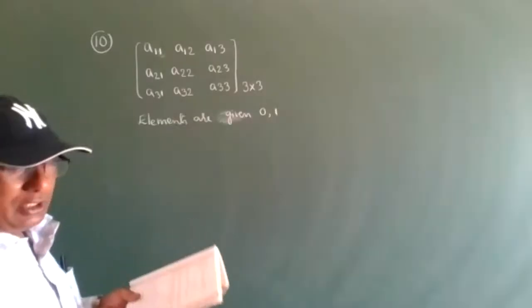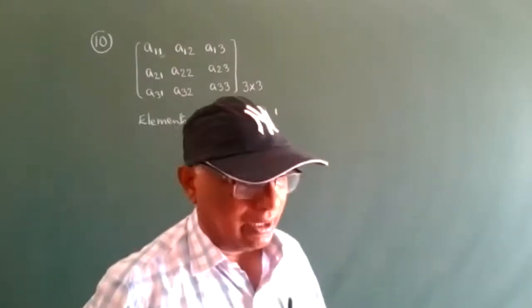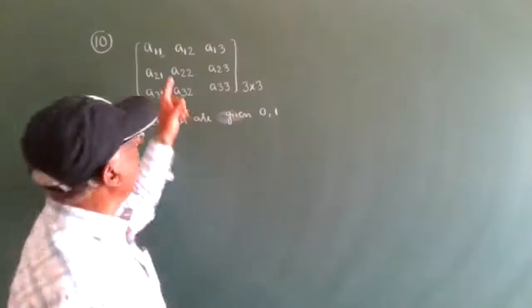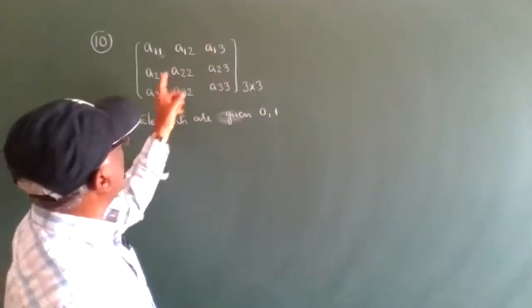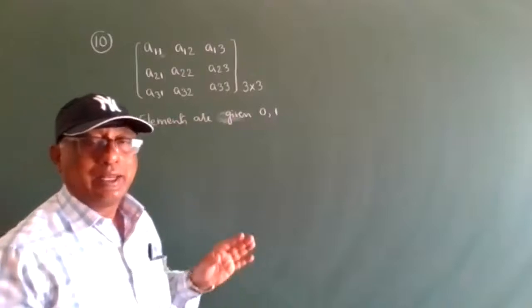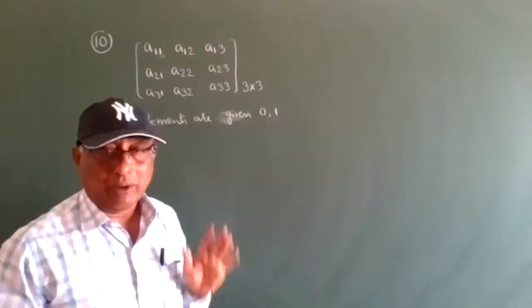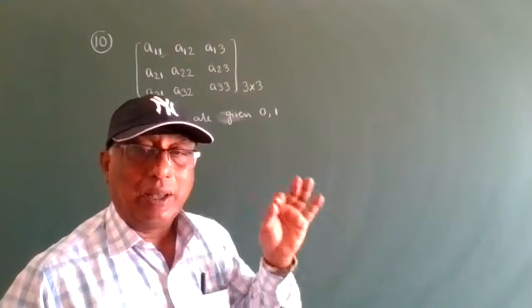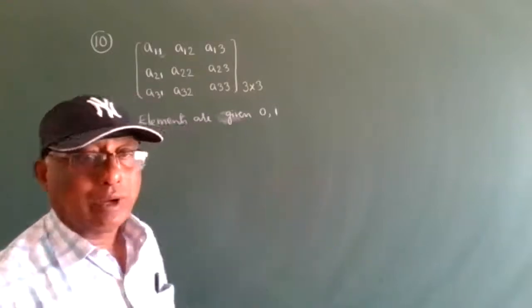We have to fill each with 0 or 1. Everyone observe, the total elements are 1, 2, 3, 4, 5, 6, 7, 8, 9. We have 9 elements, and every place is filled by 0 or 1.